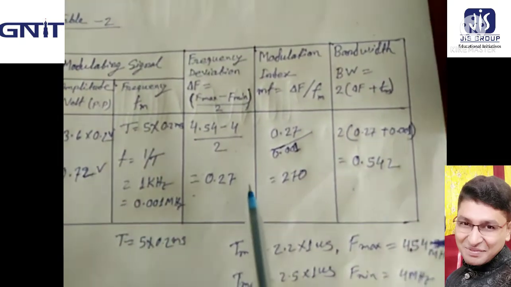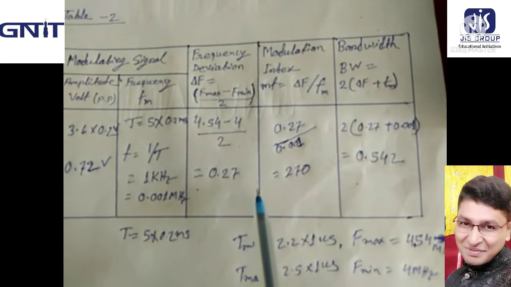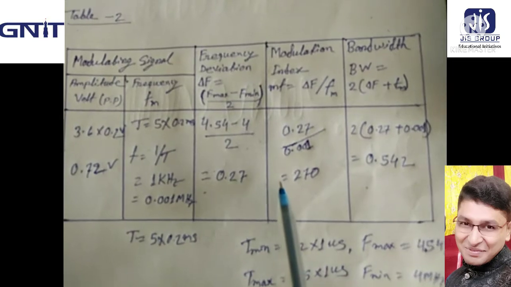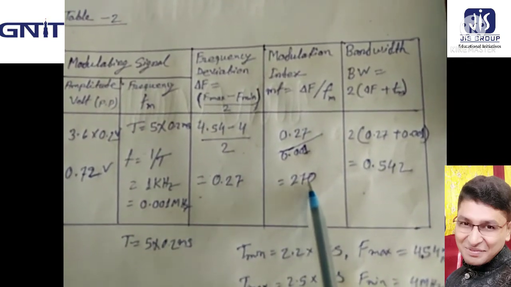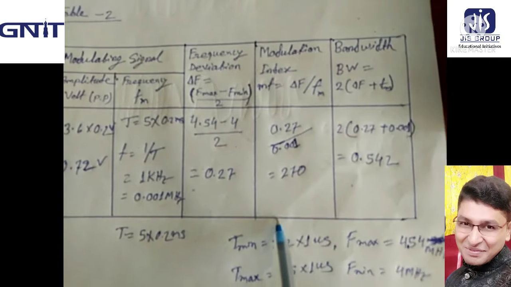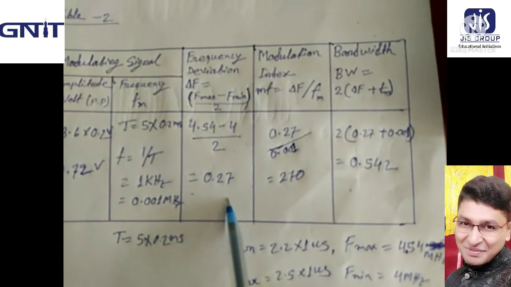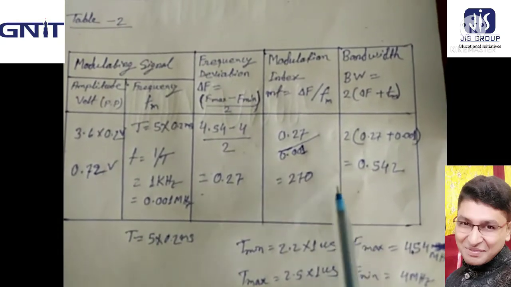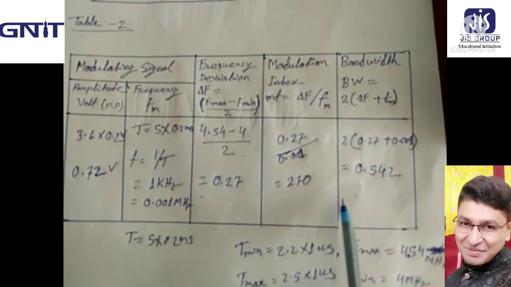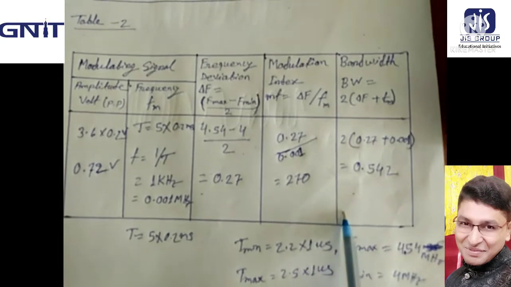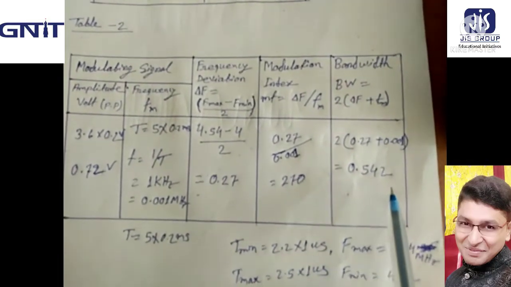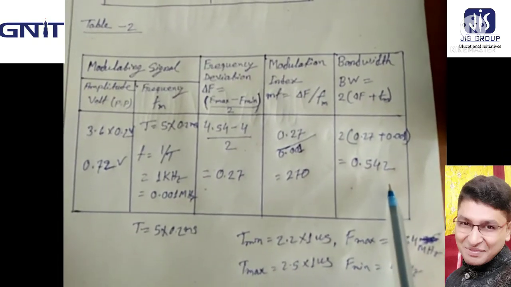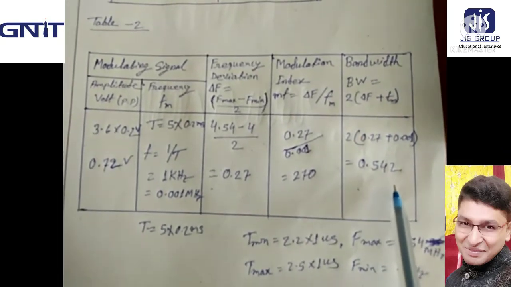The frequency deviation is (4.54 minus 4) divided by 2, that is 0.27. Modulation index is equal to 0.27 divided by 0.001, that is 270. Our bandwidth is equal to 0.542.